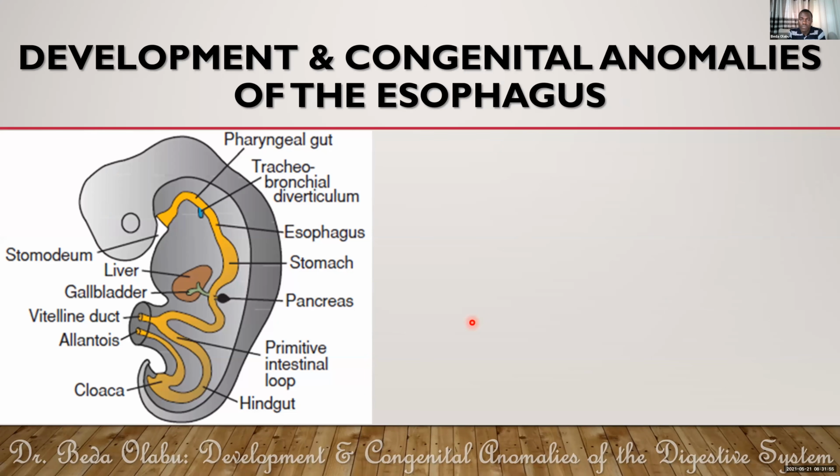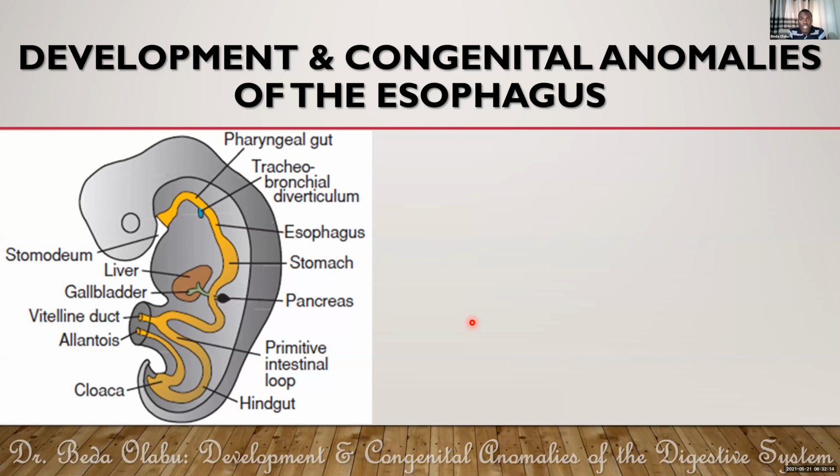So, in terms of development of the esophagus, remember what I told you before this, that the esophagus is a foregut derivative. So the site of origin: foregut.